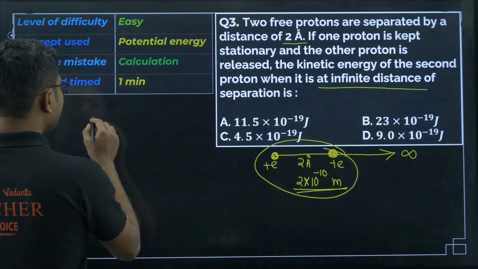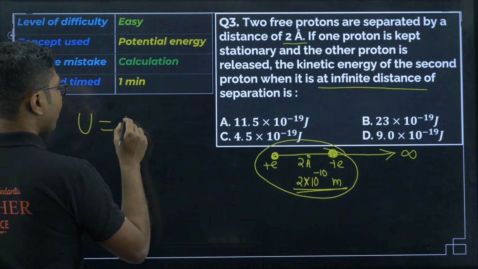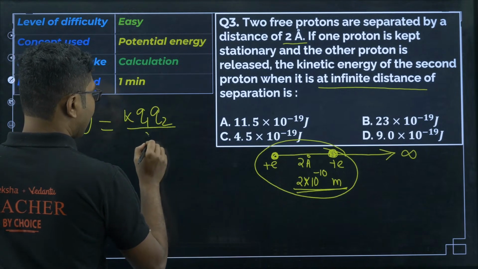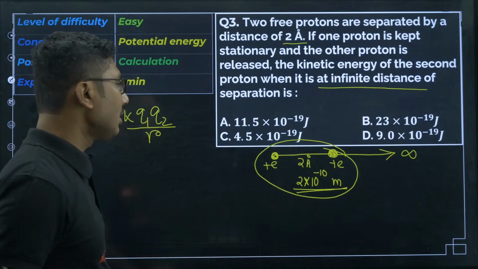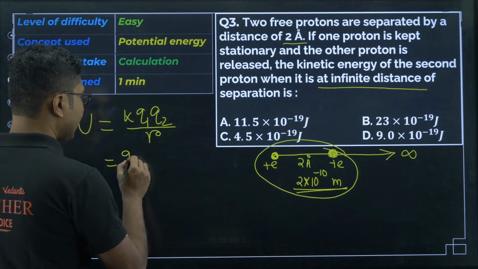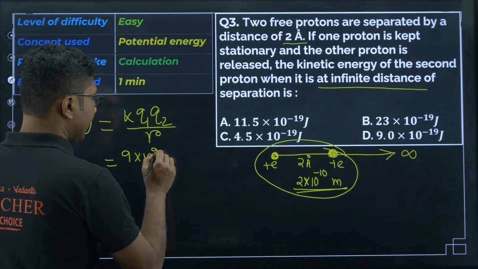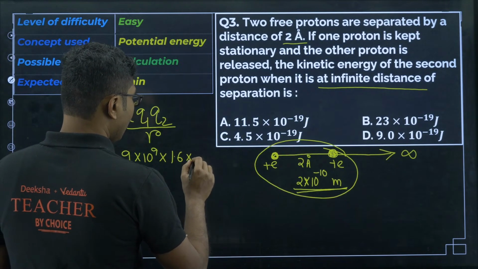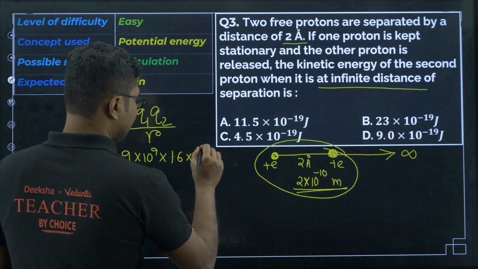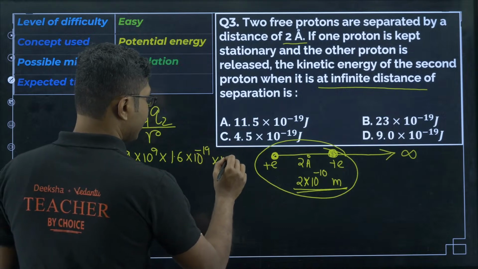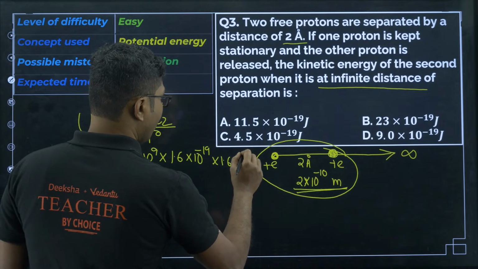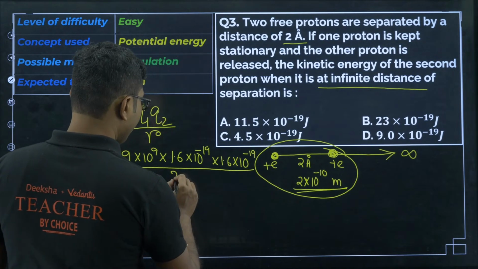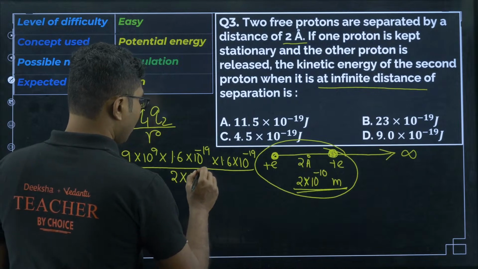That is it. So, what is the formula for potential energy? The formula for potential energy is K Q1 Q2 by R. K is 9 into 10 to the power of 9. Q1 is 1.6 into 10 to the power of minus 19, into 1.6 into 10 to the power of minus 19, and an angstrom is 2 into 10 to the power of minus 10.